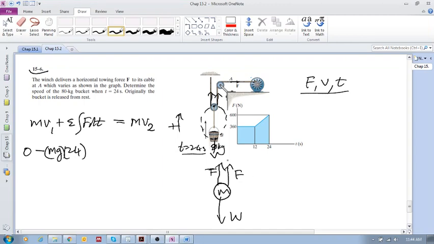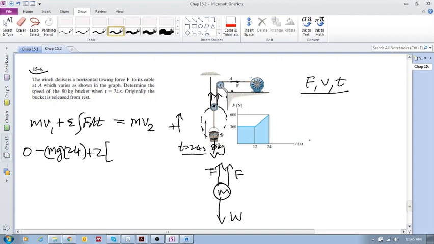But now, what is happening here? At point A, the force-time curve looks like this over the 24 seconds. So whatever's happening here, we need to multiply it by 2, because we've got 2 of those.